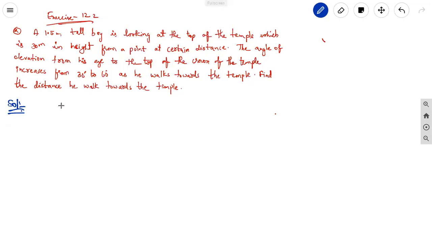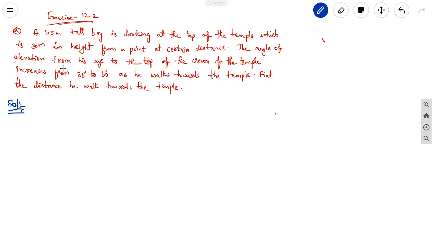Exercise 12.2, second problem. A 1.5 meter tall boy is looking at the top of the temple, which is 30 meters in height, from a point at a certain distance.